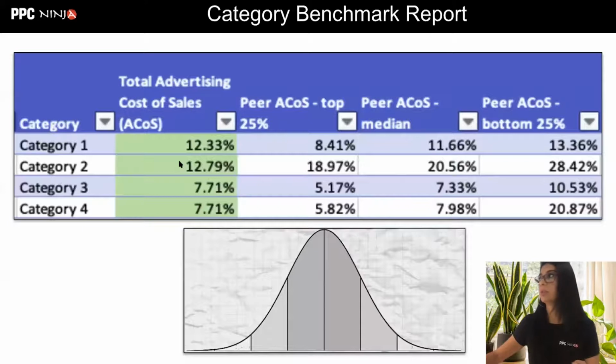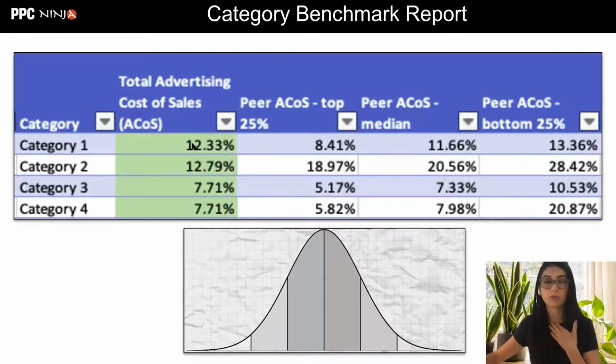So in this report, I've just given some dummy names here, but there are 4 different categories mentioned. So category 1, 2, 3, 4. And within this category, right now I'm just looking at my advertising cost of sales. So my ACOS in this category, how am I doing?